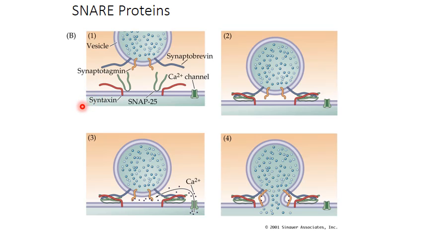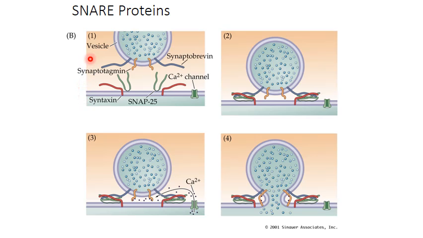The SNAP here stands for soluble NSF associated protein of 25 kilodalton. So the S has nothing to do with synapse. It was found in a pull-down assay because it bound to something called NSF. But it turns out that SNAP25 is one of the key proteins, and it only binds temporarily to the plasma membrane.